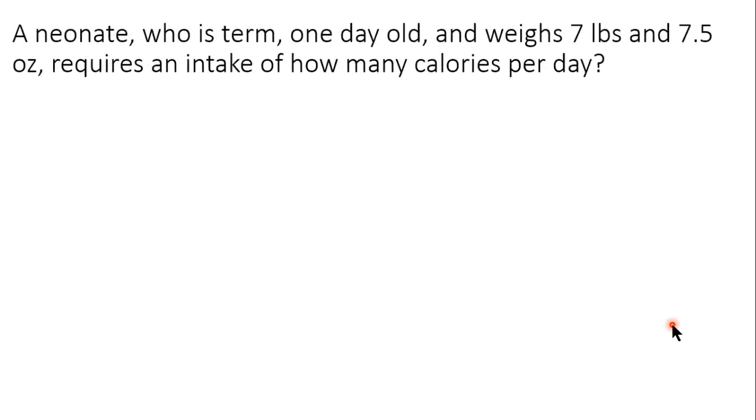So a neonate who is term 1 day old and weighs 7 pounds and 7.5 ounces requires an intake of how many calories per day? So first, we have to have the weight in only one term. So we convert the ounces to pounds.